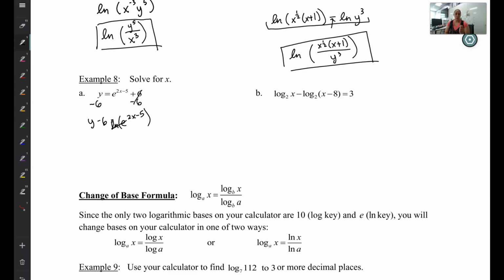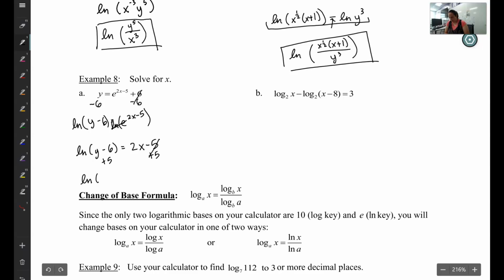But what you do to one side, you have to do to the other side. So now I'm going to take the ln of that side. So I have ln of y minus 6 equals 2x minus 5. Keep solving. So I'm going to add 5. Be careful that you do not write this like that. That's wrong.